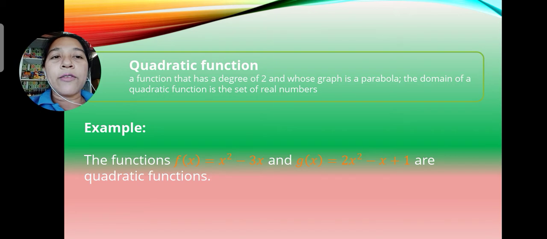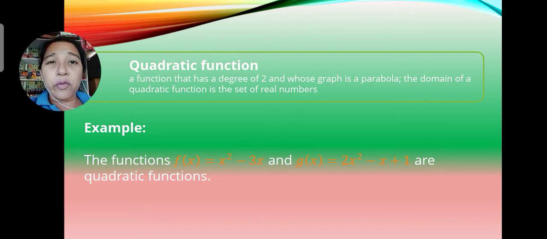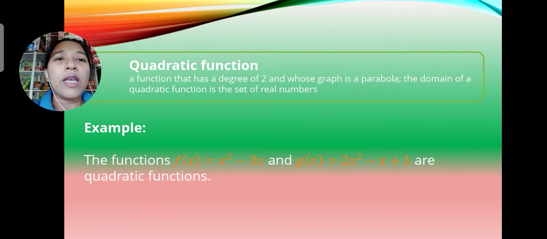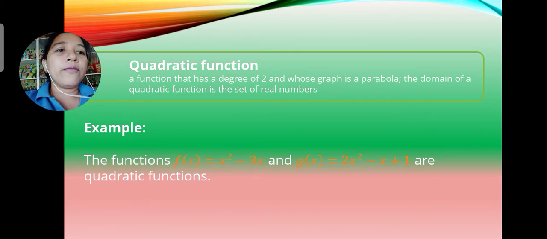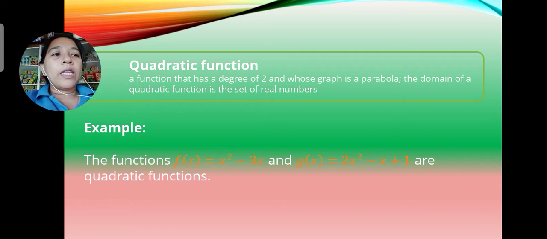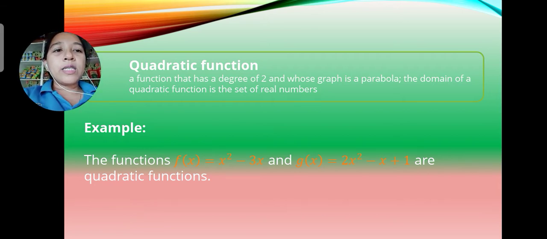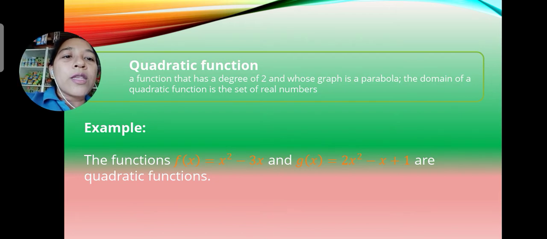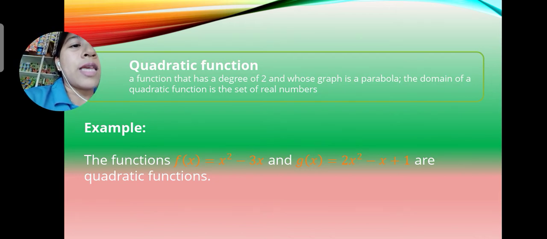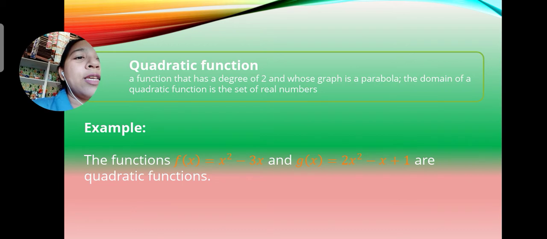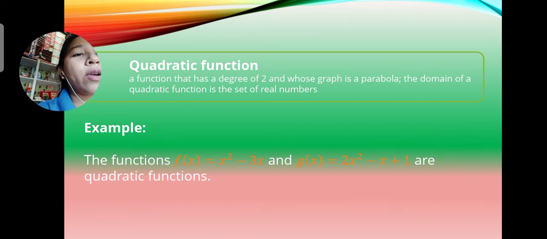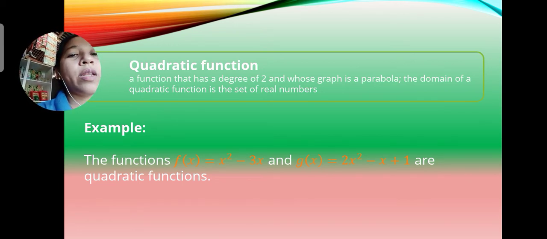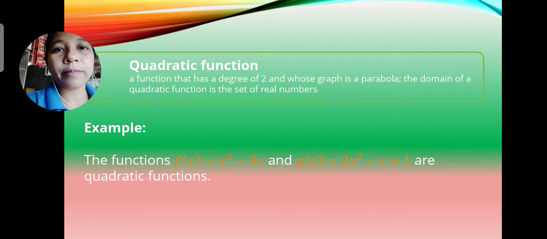A quadratic function is a function that has a degree of 2 and whose graph is a parabola, and the domain of a quadratic function is the set of real numbers. For example, f of x is equal to x squared minus 3x, and g of x is equal to 2x squared minus x plus 1 are quadratic functions.